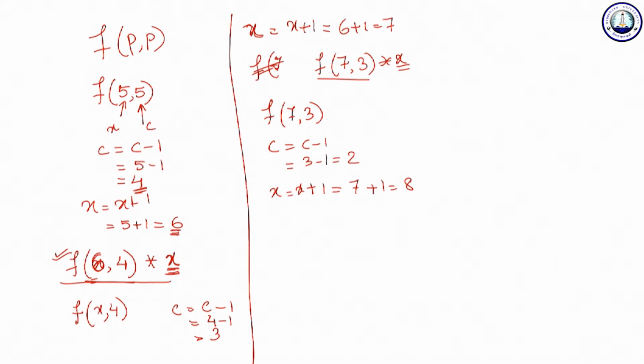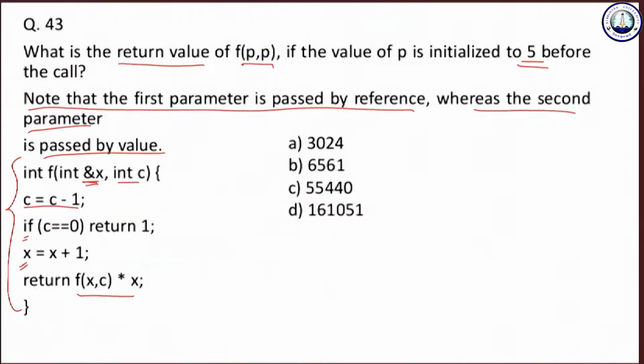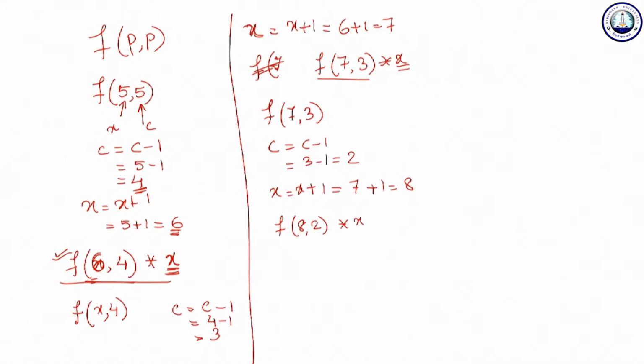So, here it will be f of 8 comma 2 into x. When the function call of this part is done, I am repeating this function as c is not equal to 0. So, we are not entering this part till now, we are just going from here and returning it again. So, here f of 8 comma 2.